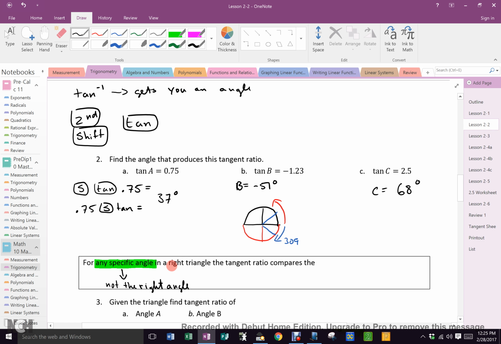For any specific angle and a right angle, the tangent ratio. As soon as you see ratio, you know it's a fraction. It always compares the opposite side, and that is divided by the adjacent side.